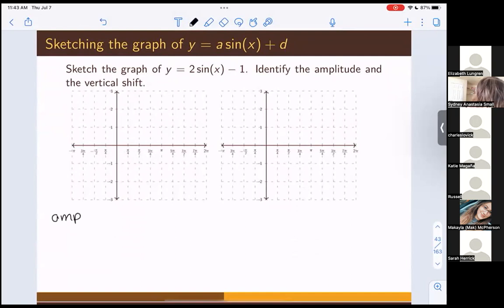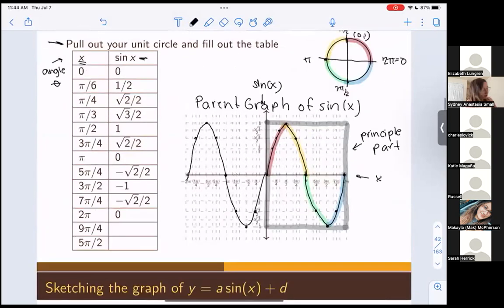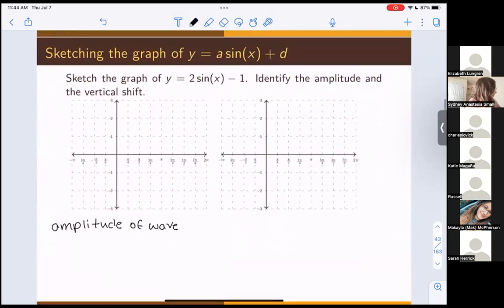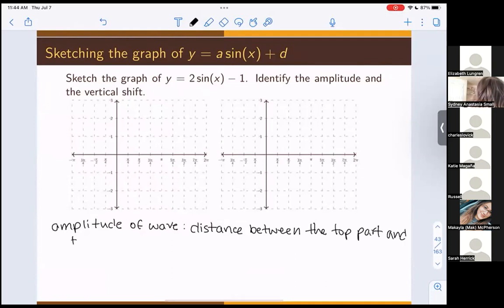Amplitude refers to the amplitude of a wave, which makes sense because when we look at this graph up here, it's pretty clear that the sine graph is going to be some kind of repeating wave. So the amplitude of the wave is the distance between the top part and the middle, or the midpoint of the wave.